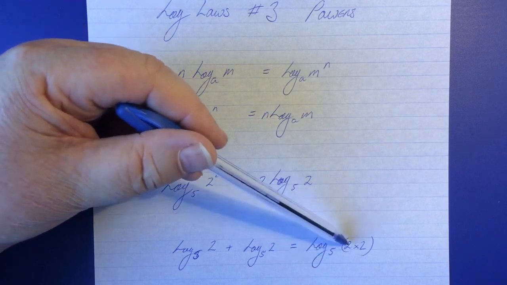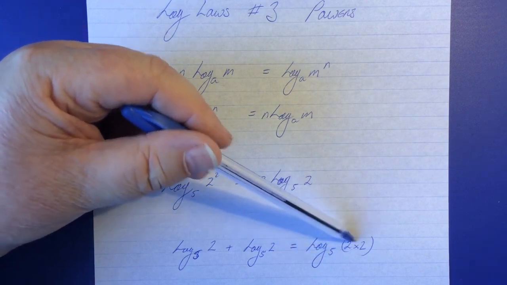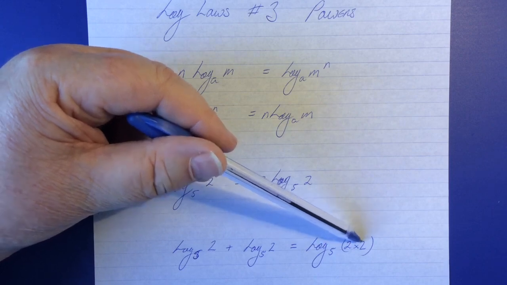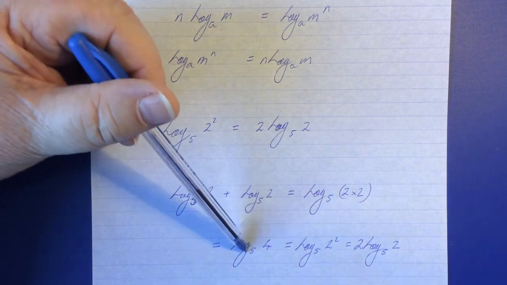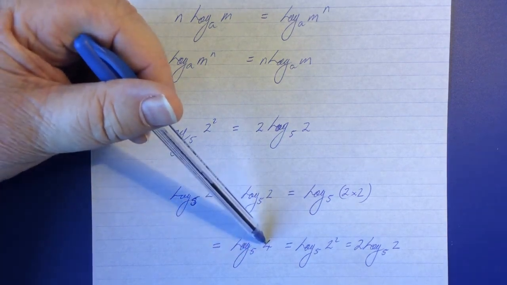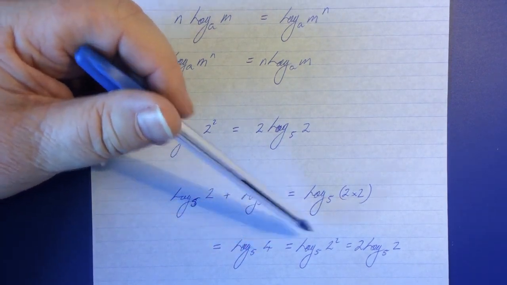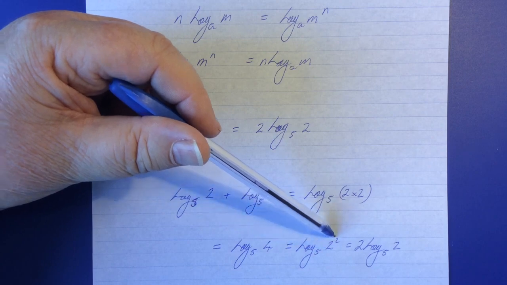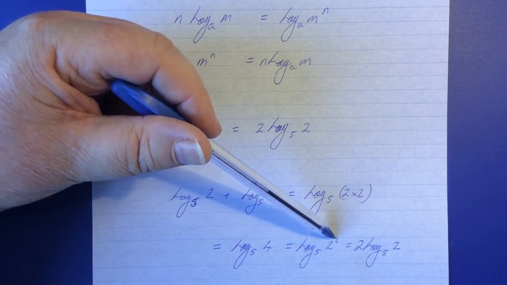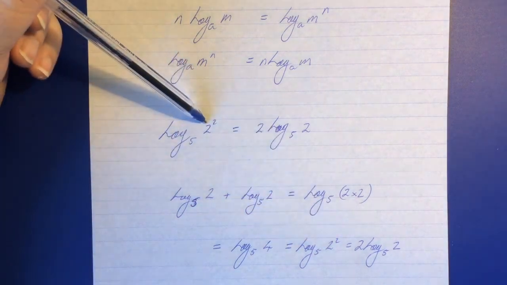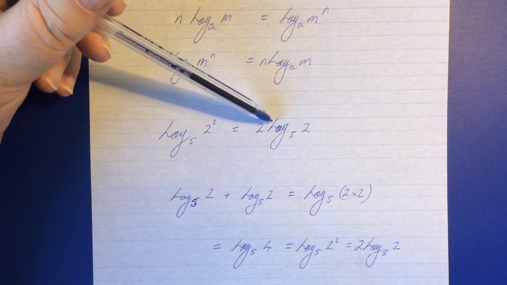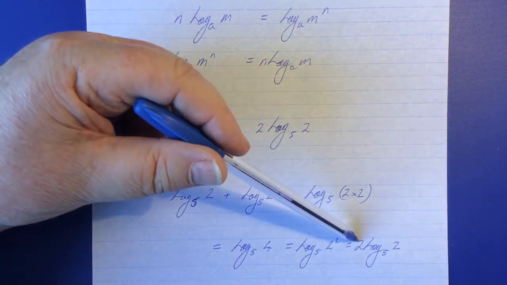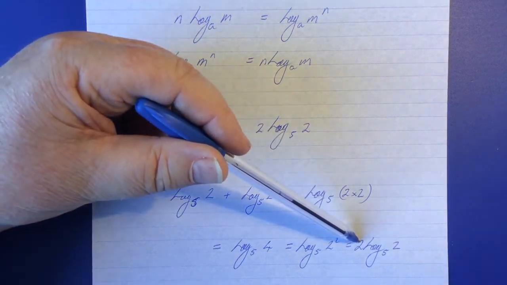So that is log base 5, and this is 4, which we can write as this, log 5, 4. 4 can be written as 2 squared. This is getting a bit circular, but note, it can be written as 2 squared. It can also be written like this, which is its equivalent form here.